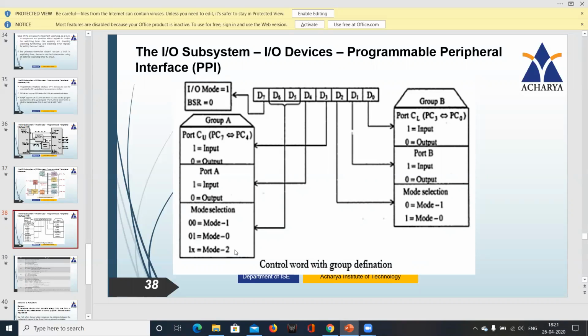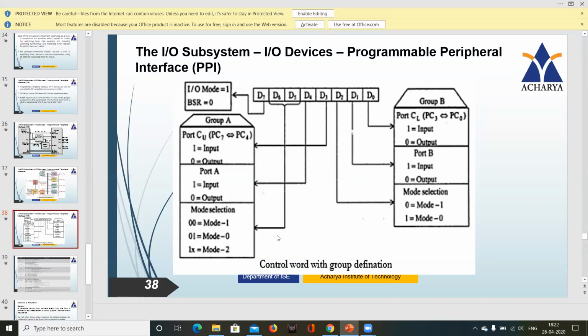Now these modes are mainly used for port A. Whatever I said so far about mode selection is for port A. I'm repeating, D6 and D5, these 2 bits together, give 4 combinations, and those combinations will tell whether port A is in mode 0, mode 1, or mode 2.